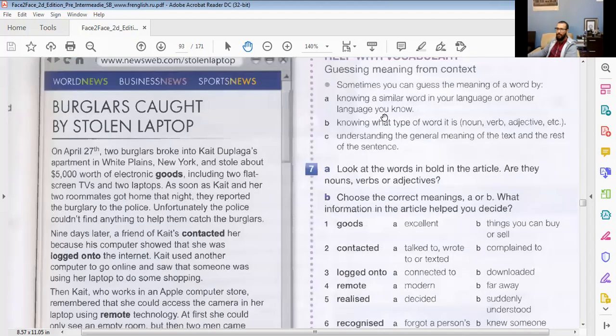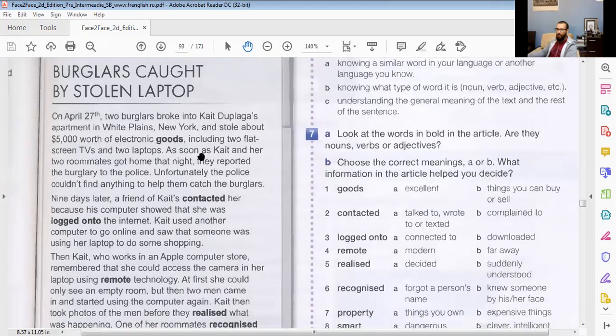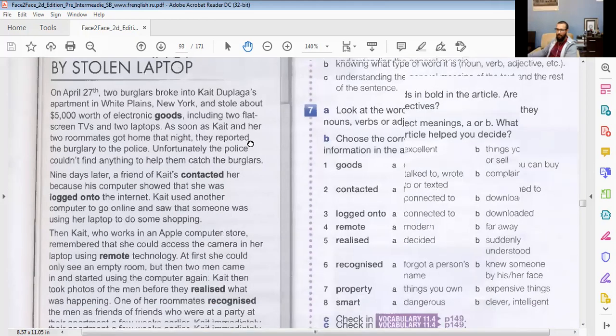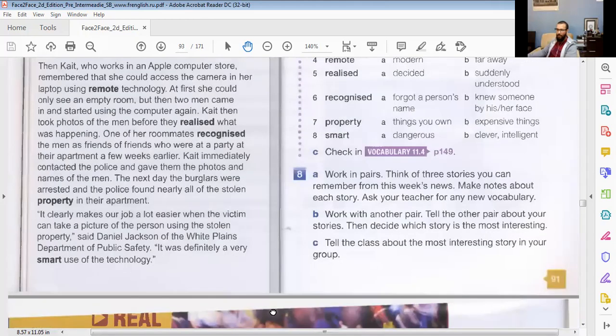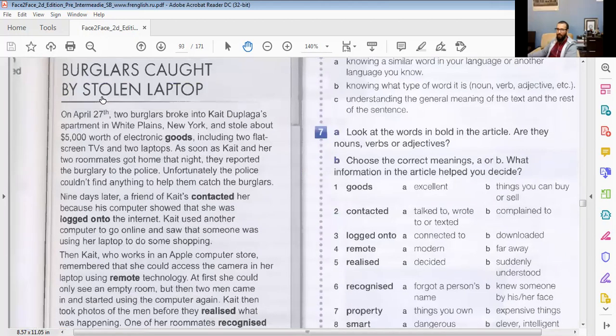So here's the news report. So this is a news report. You can start here, and when you get to the bottom, just tell me, and I can scroll down. Okay. So you can start here. Burglars caught by stolen laptop.